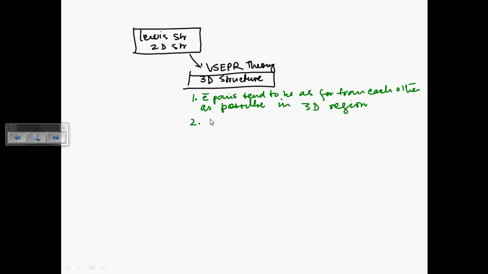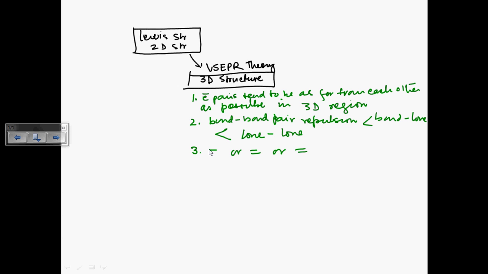Second, bond pair repulsion is lesser than bond lone pair, which is lesser than lone pair. So 2 lone pairs repel each other the most. Last point, single, double or triple bonds are treated as just one electron domain in VSEPR.